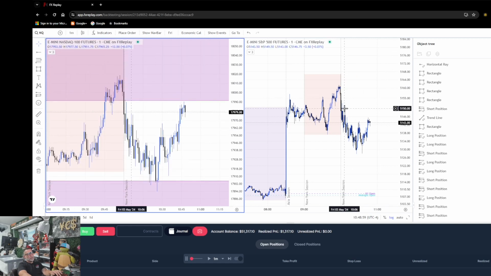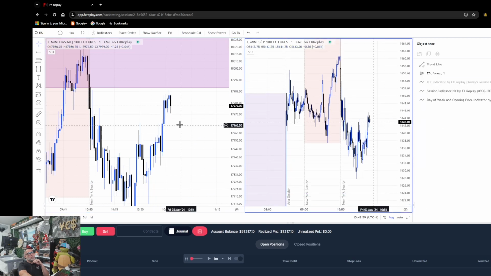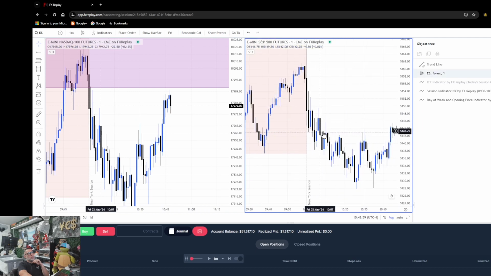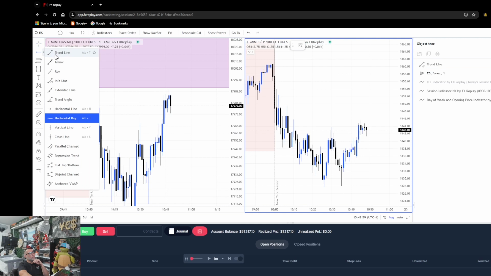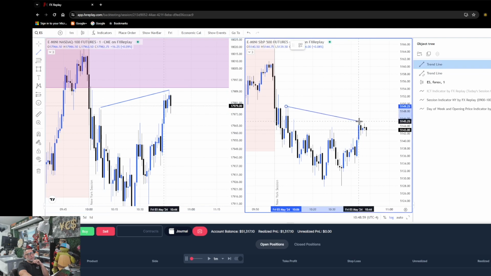This high is this high. Obviously, we took out the liquidity. We created a bearish candle engulfing the previous candle. There is some SMT here, right? So if you're looking at price, this is what this looks like. And then here, this is what this looks like.